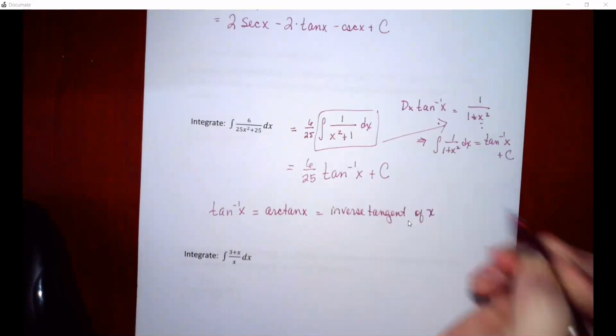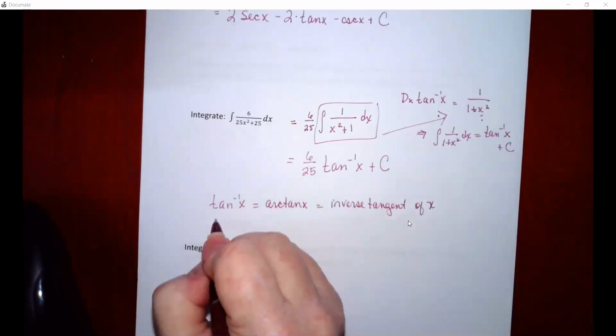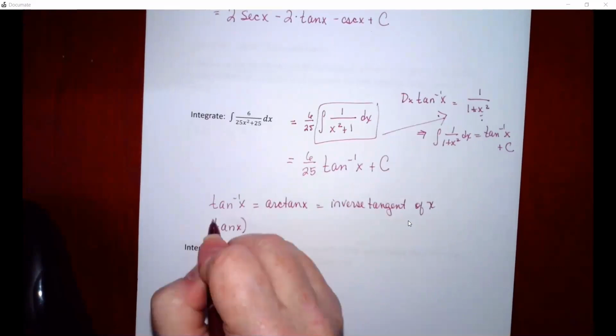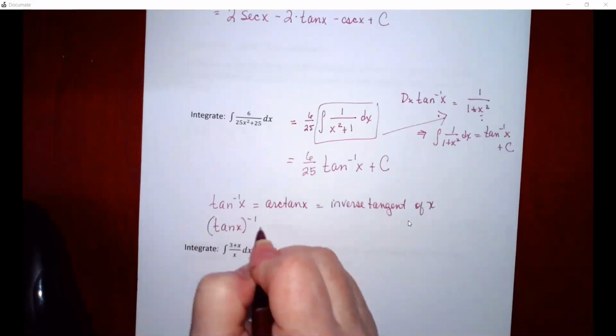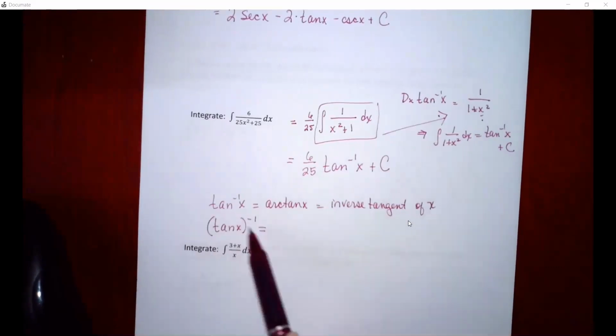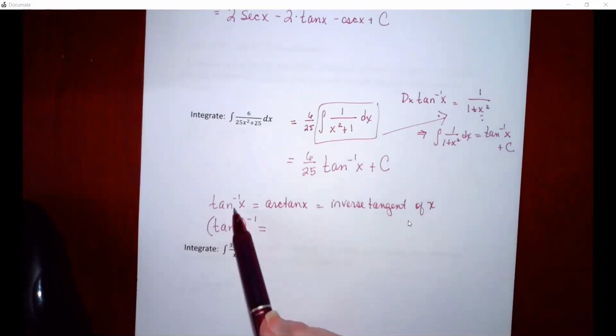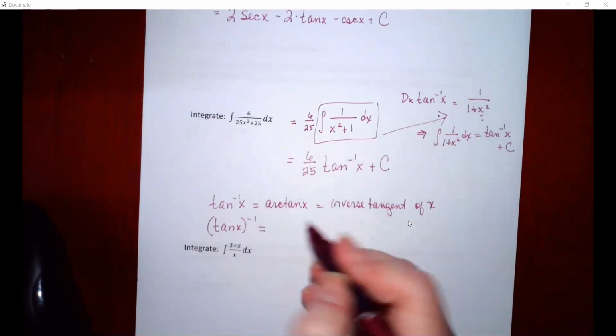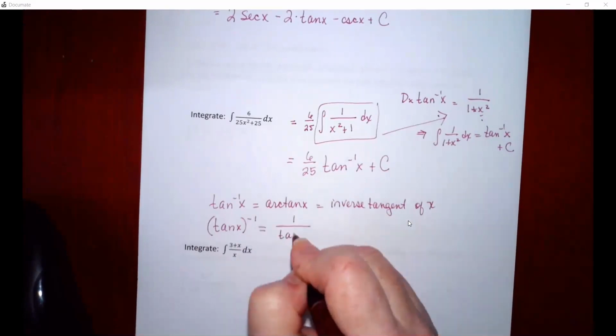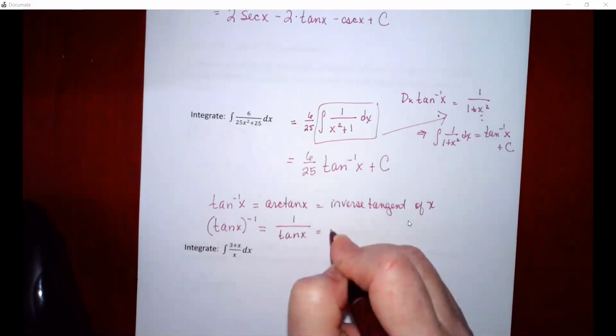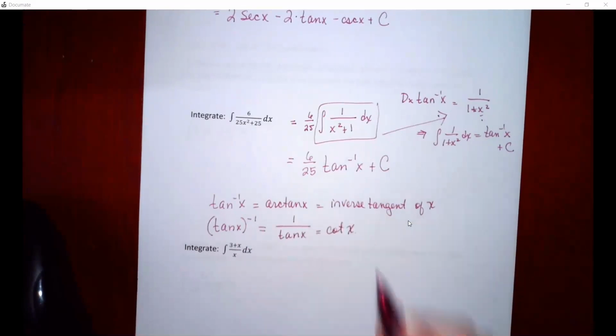Okay, if you take tangent of x all raised to the -1, typically for any other exponent, these two things would be the same, but for the -1 exponent, they are not. If you take tangent of x all to the -1 power, that's 1 over tangent x, which is cotangent x.